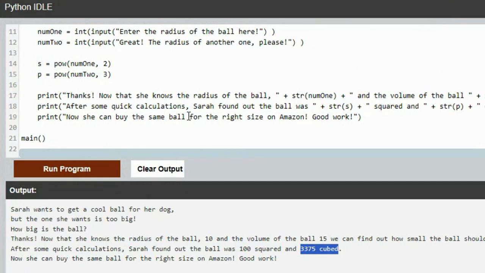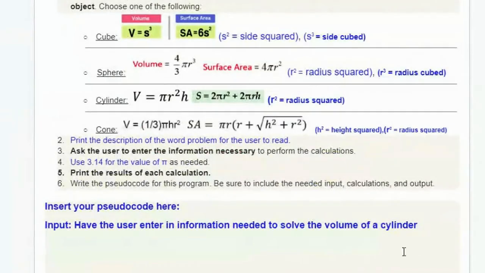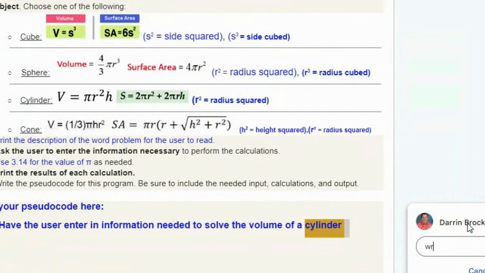So I'm thinking, because the ball would only have one radius, looking at the calculations that we're supposed to have, if it is a sphere, so this is what was wrong. This was wrong. Changed program, but did not update pseudocode.